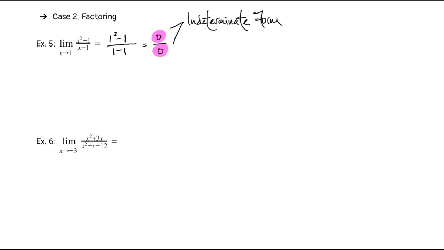When we get a 0 over 0, we call that the indeterminate form, okay? And what that means is that we have to figure out how to find that value, all right? But we can't do it by just plugging in the number.